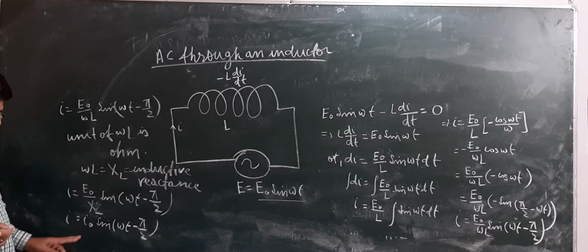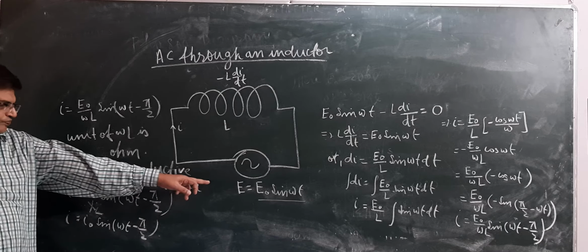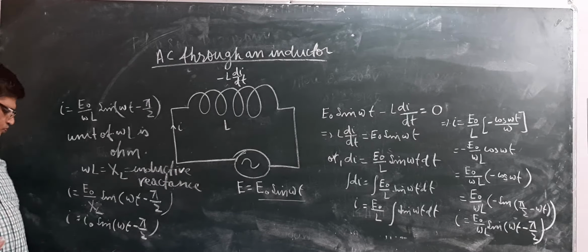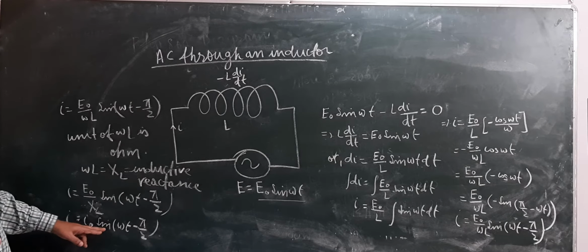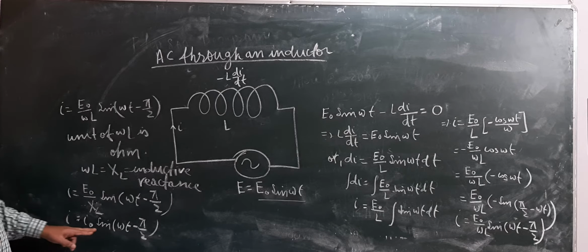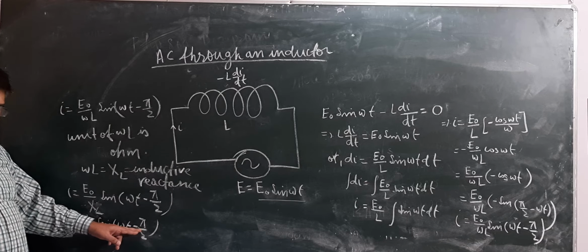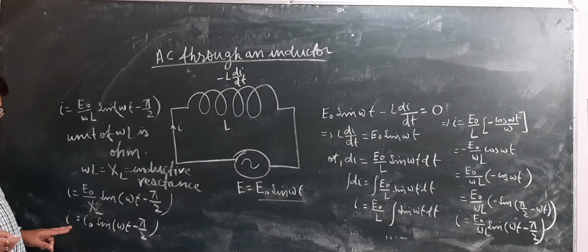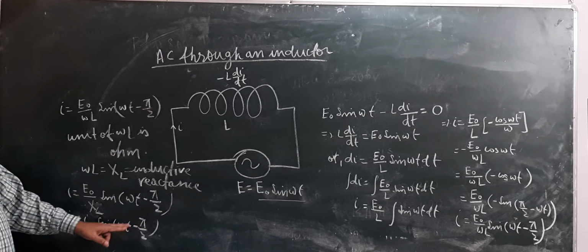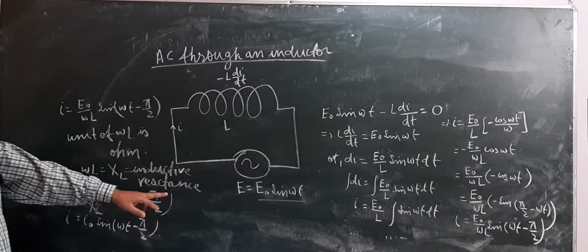So what we find here is that the expression for the instantaneous EMF is this one. Phase angle is omega t, and for the instantaneous value of the current, the phase angle is omega t minus pi by 2. That means the current lags by an angle pi by 2 with respect to the EMF.